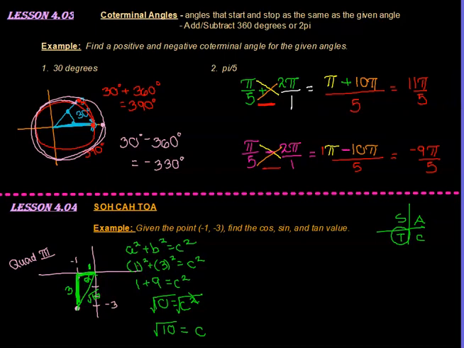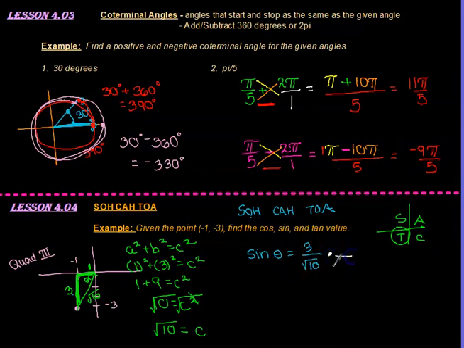So from here, now that we have everything, we're going to apply SOH CAH TOA. So sine of theta equals opposite over hypotenuse. The opposite side is 3. The hypotenuse is square root of 10. And usually we don't leave the radical in the denominator.